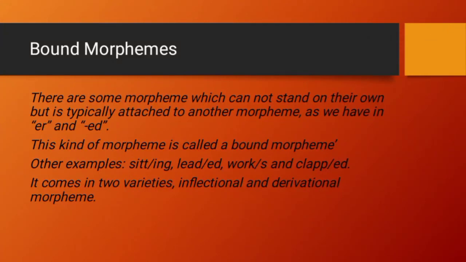Bound morphemes. These are morphemes which cannot stand on their own, but are typically attached to another morpheme, as we have in a and ed. This kind of morpheme is called a bound morpheme.